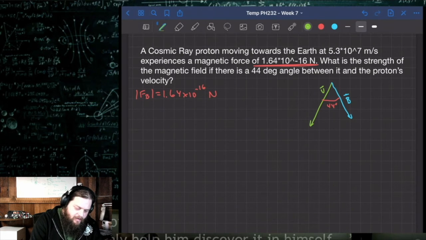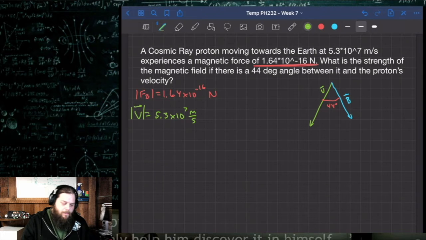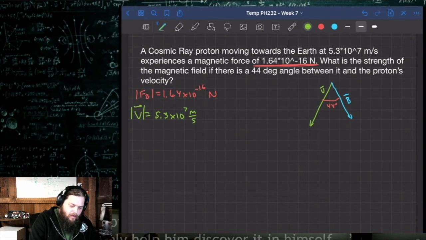And the velocity is equal to the magnitude of that velocity, 5.3 times 10 to the 7th meters per second. And so we need to determine what is the magnitude of the magnetic field. The strength of it, they call it, which is basically the magnetic field.